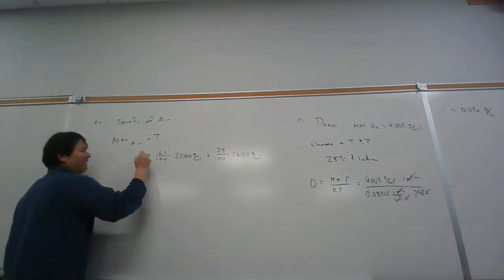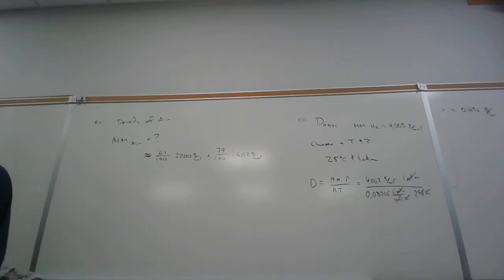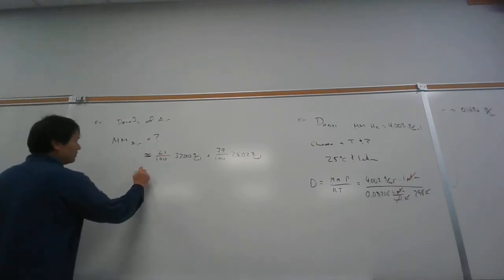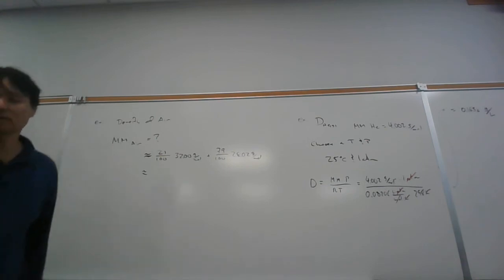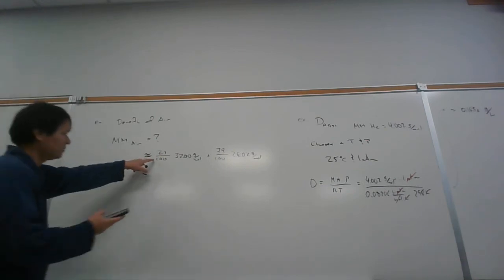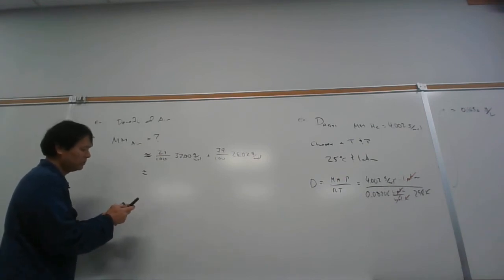Although, air is a mixture, and mixtures don't have fixed composition, so I'm going to just say it is approximately equal to, not equal to, because we can have variations in this, of course. And so what is the approximate molar mass of air? Well, I'll do 21 out of 100, or 0.21, times 32.